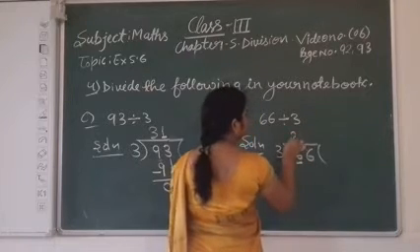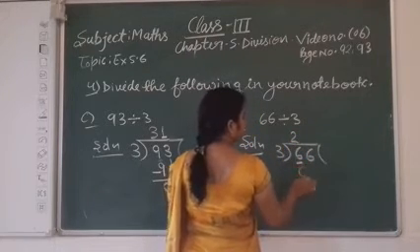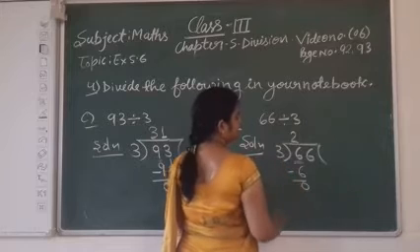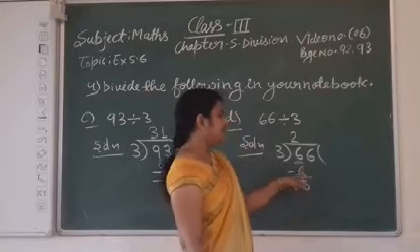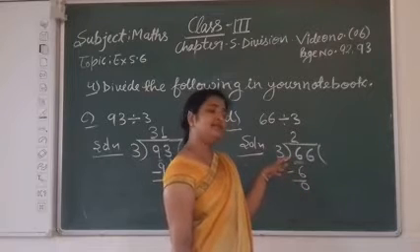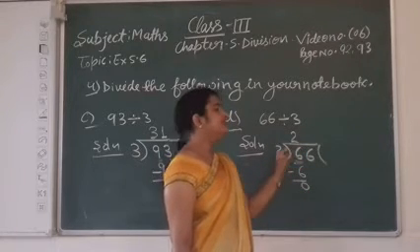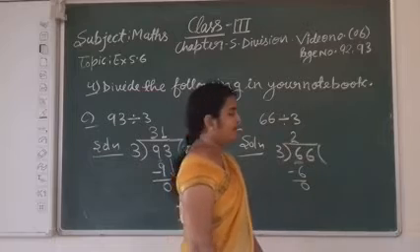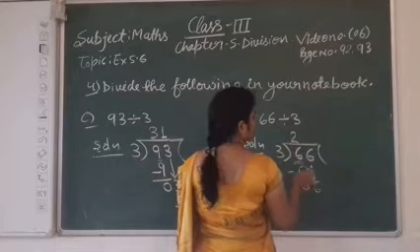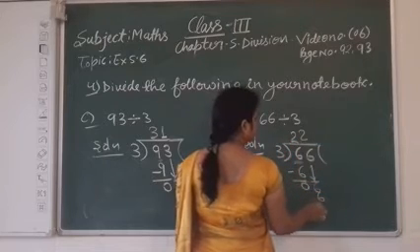So write 2 as a quotient and 6 under the dividend. 6 minus 6 is 0. Listen, after subtracting 6 from 6 we get 0 and this 0 is less than the divisor. It means our division is correct. Then bring down 6. 3 twos are 6.